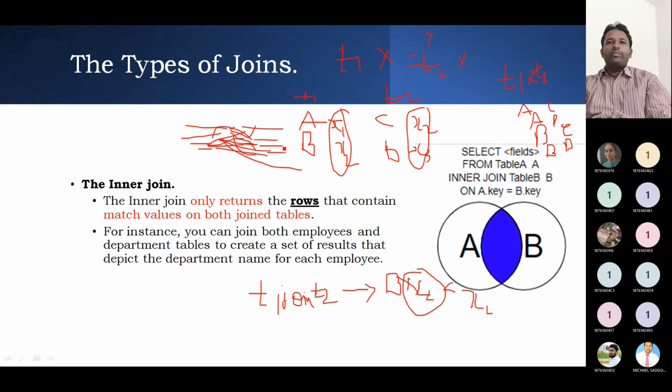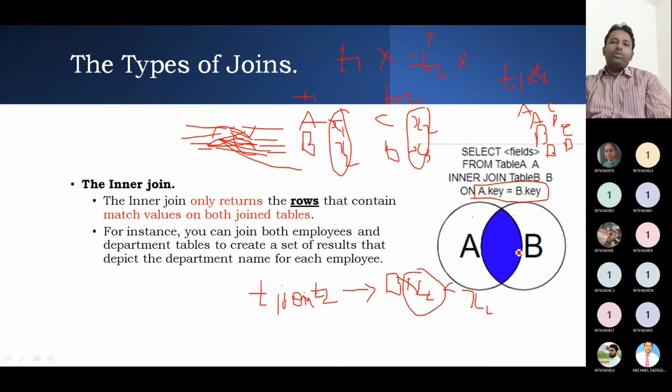So in join, we will perform Cartesian product, but along with that Cartesian product, there will be a condition. What is the condition? Sometimes some data will be there in both set A and set B. Based upon that common data, we will join set A data with set B. That is what join.